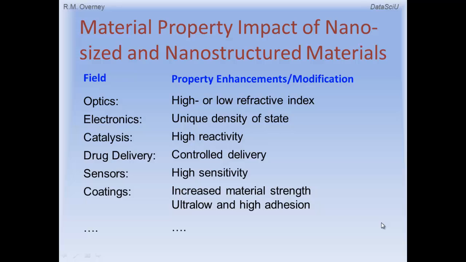With increased control and speed over processes and the implementation of nanomaterials and structures into macroscopic systems, that is, being able to scale nanoproperties up, nanoscience has matured into a valuable technology. It affects fields from optics, electronics to coatings, with a vast variety of property enhancements and modifications as listed here.